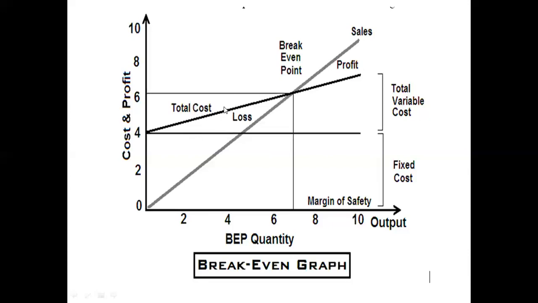This total cost is nothing but the sum of the fixed cost line as well as the variable cost line. And the intersection point where this total cost as well as the variable line meet, that intersection point is known as the break even point.